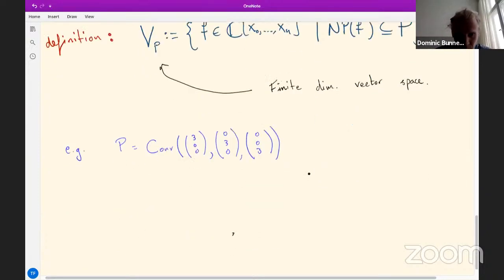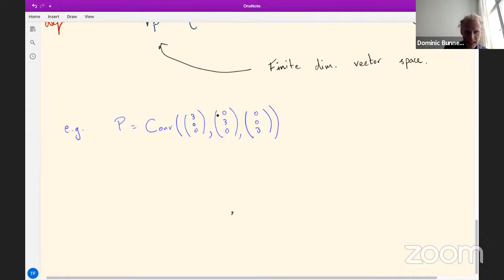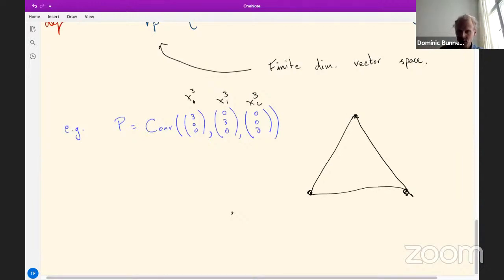Okay, so for example, now let's take this one here. This is going to correspond to x0 to the 3, here we've got x1 to the 3, and here we've got x2 to the 3. So what does this look like? I'm not so good at drawing straight lines, but here we put x0 to the 3, x1 to the 3, and x2 to the 3.